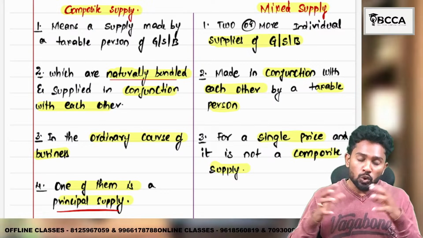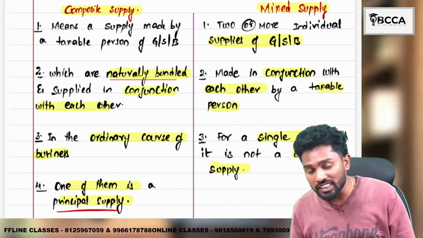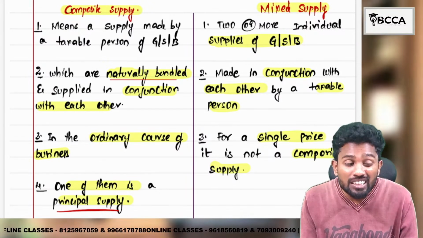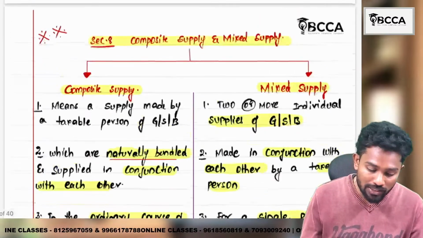Mixed supply is two or more individual supplies of goods, services, or both, made in conjunction with each other in the ordinary course of business by a taxable person for a single price, and it is not a composite supply. That is mixed supply.